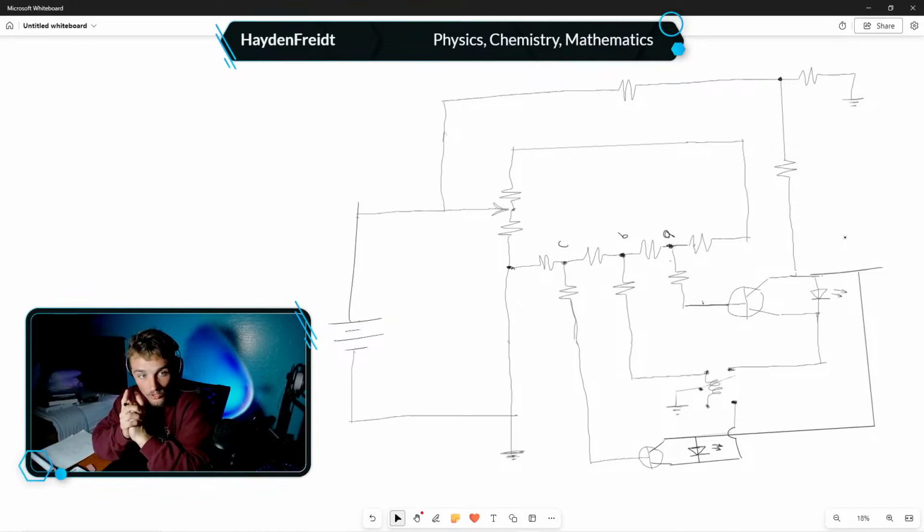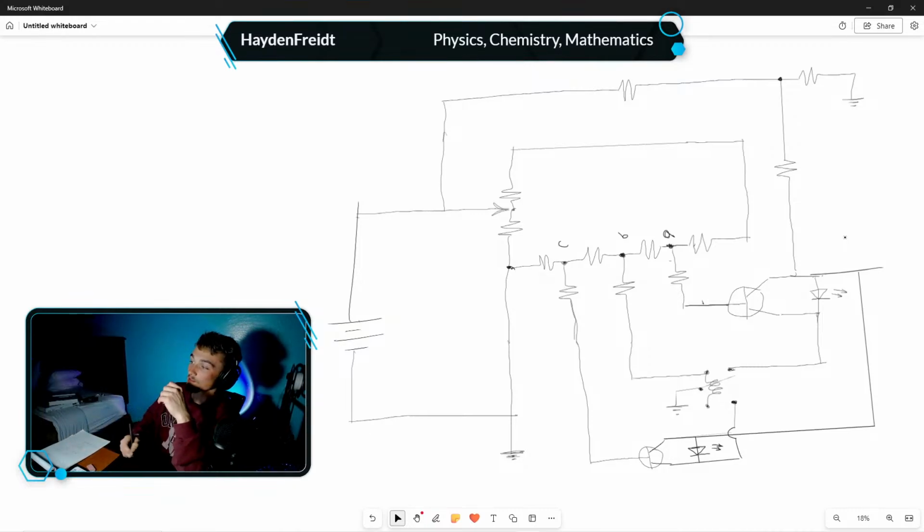But I do know the current values that I require, because these components have specifications, and they can only operate with particular magnitudes of current or voltage. So those will be our knowns: pretty much our currents and voltages, and then we'll have to find our resistances as our unknowns.